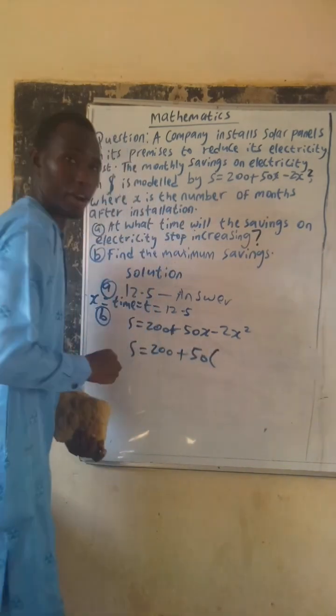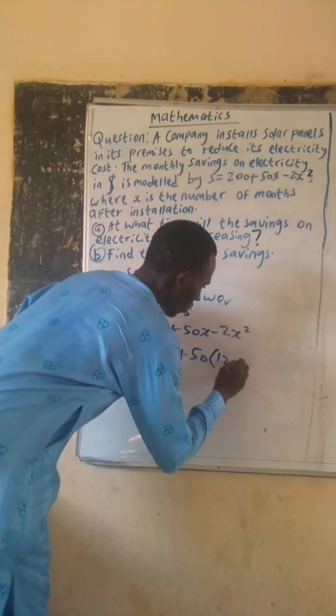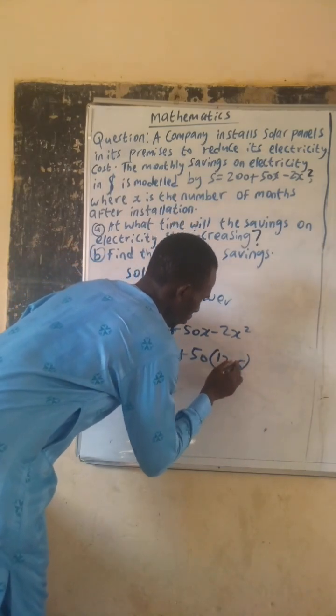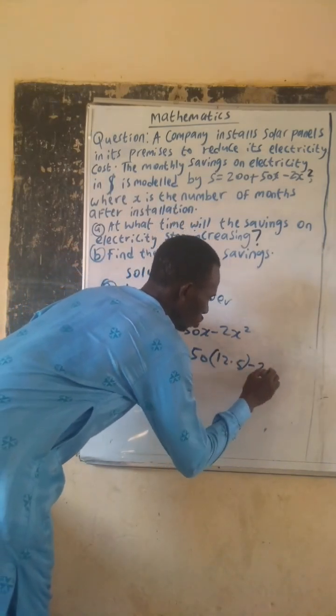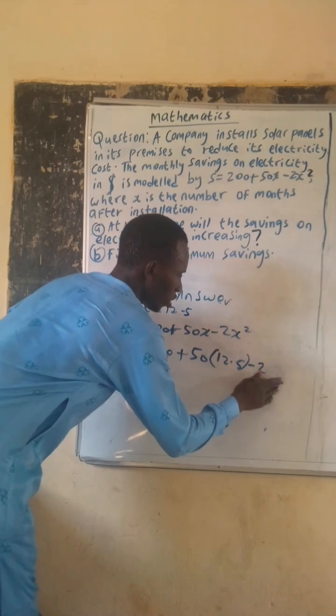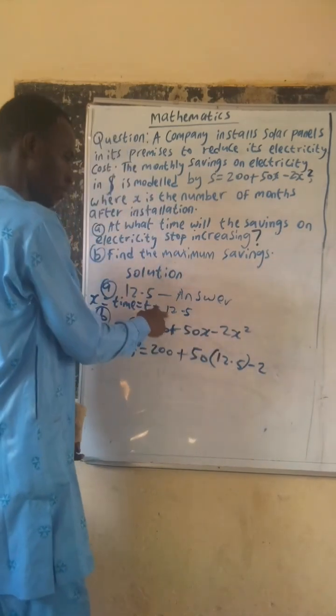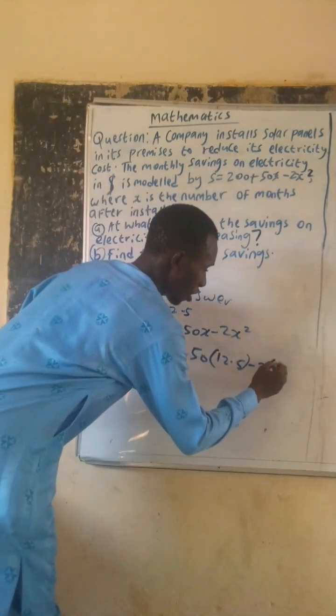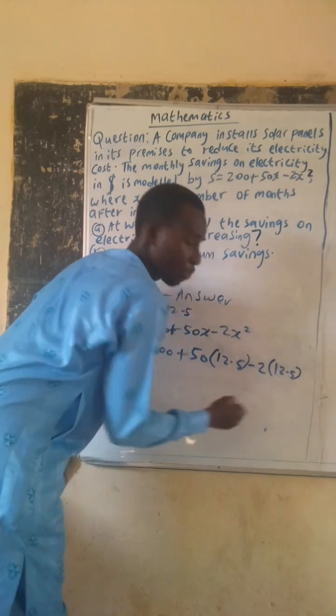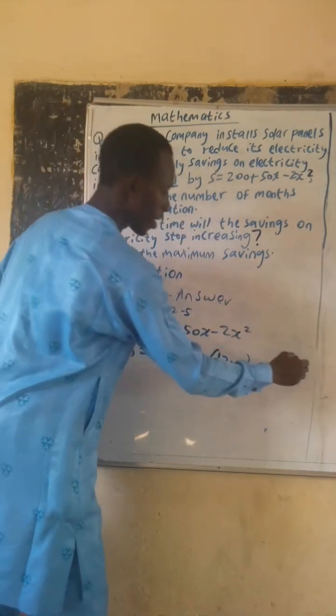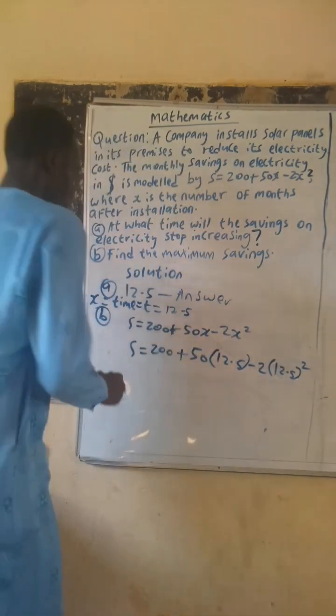So instead of this x, we write 12.5, minus 2x. Again x is 12.5, so instead of x we have 12.5. We have a square here, so let's square it.